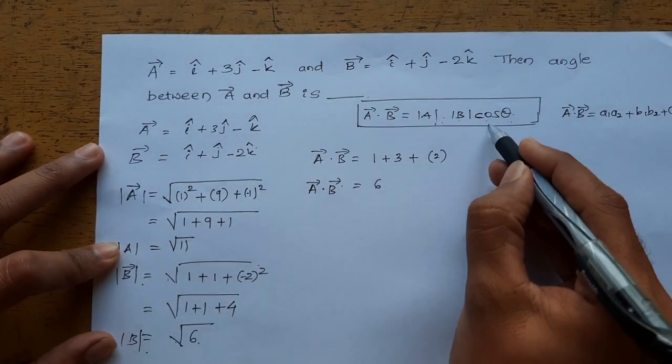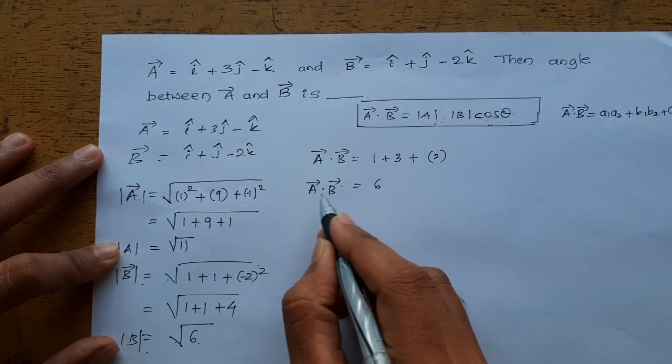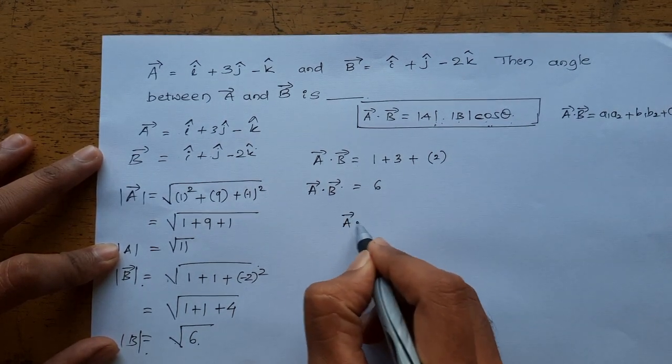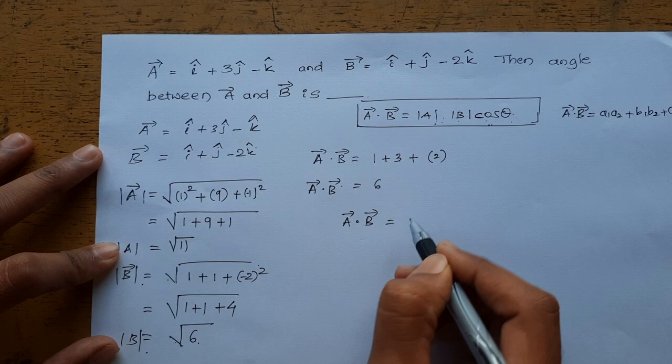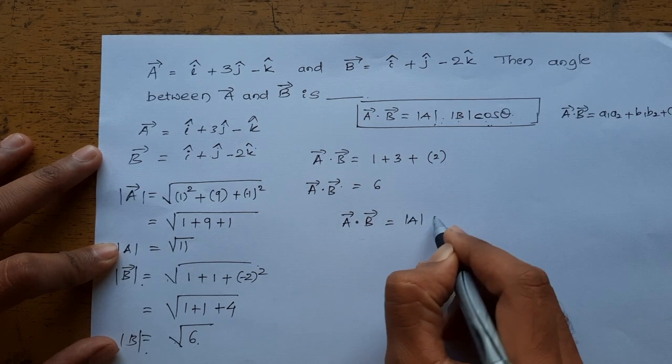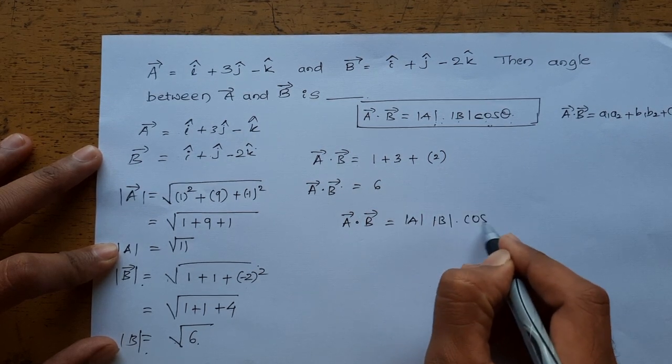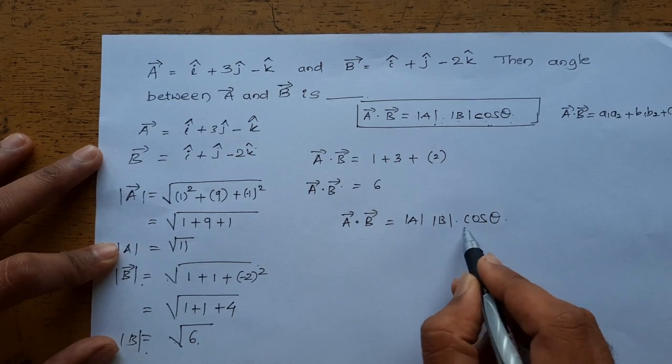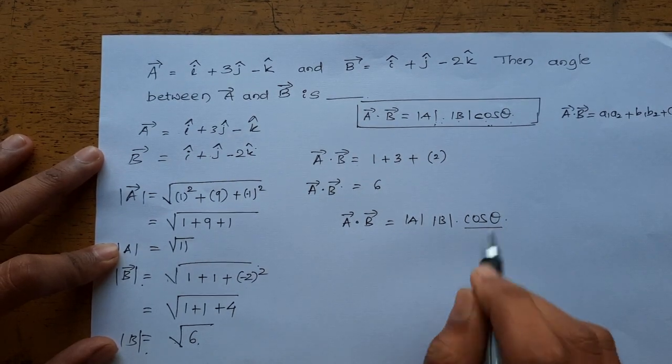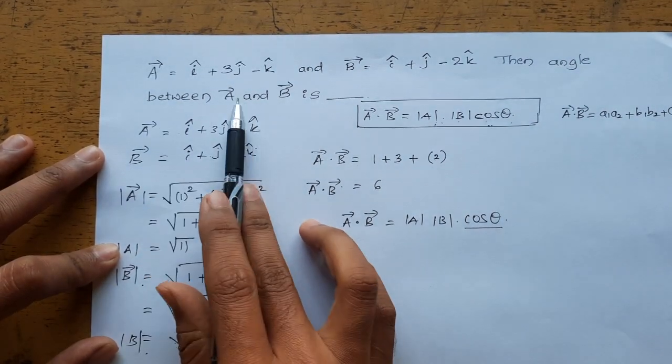Now we will substitute in this formula, that is magnitude of a, magnitude of b into cos theta. Now our aim is to find this theta value, because they are asking in the question for the angle between a and b.